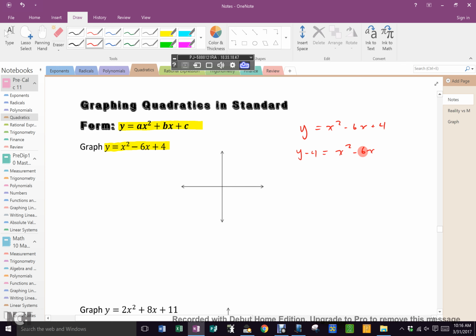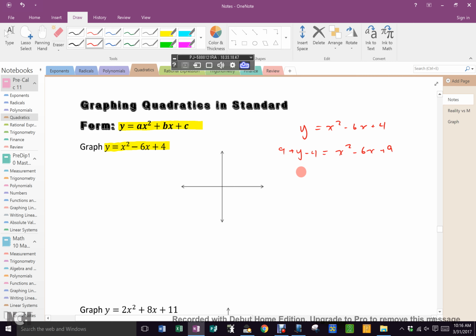Now what do I do to 6? Divide it by 2 and square it to get what? Plus 9, yes? If I add 9 to this side, what do I add to this side? Plus 9. Is everybody cool so far?